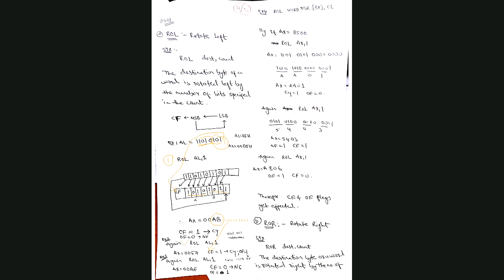And you see this 1 will come here. When this 1 comes here, so what is the answer? 0101, this is 5 and 7. You get 57, and carry flag is 1.